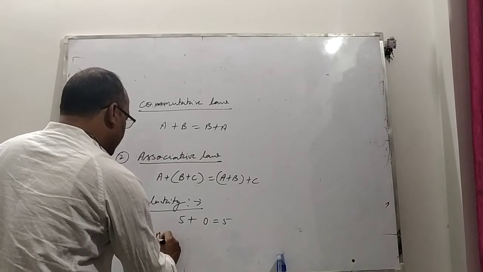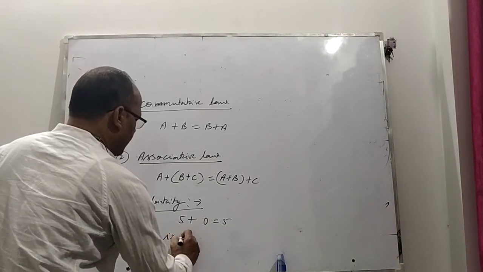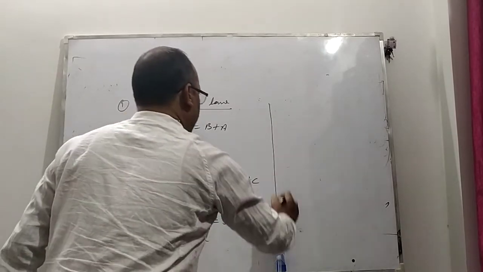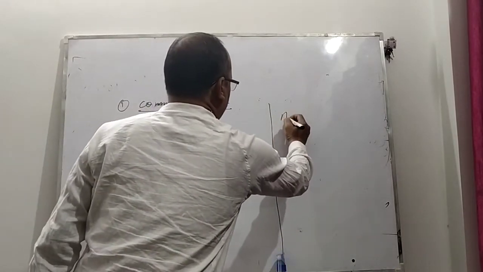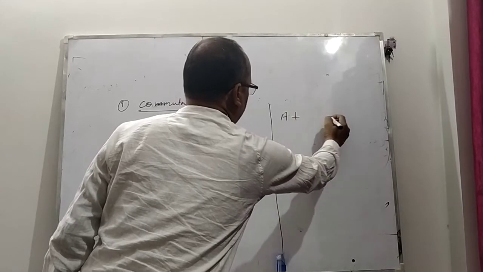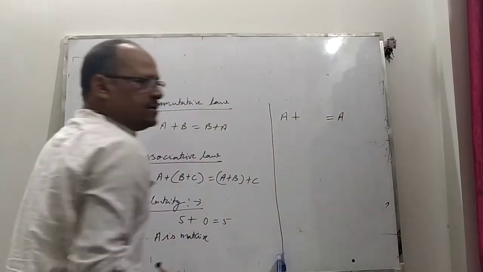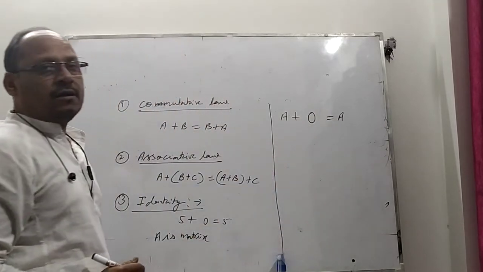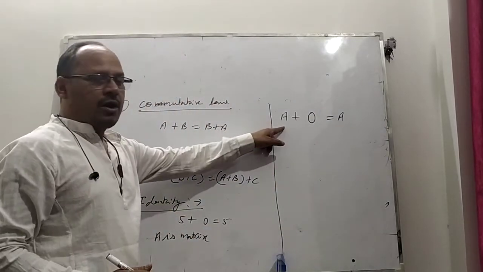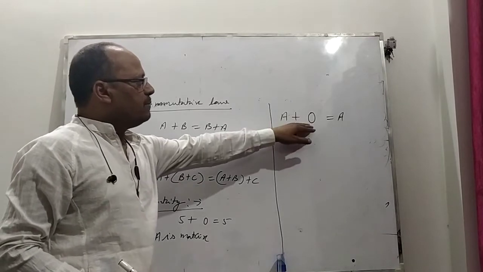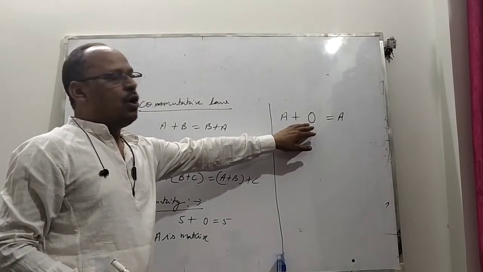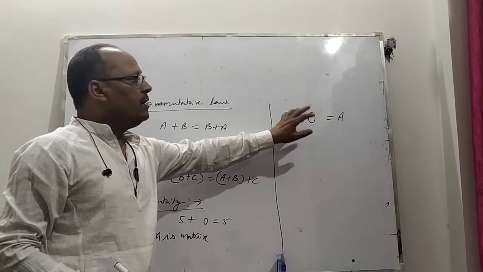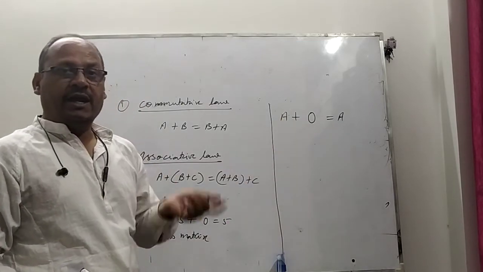Let A be a matrix. What you add to A to get the same matrix A back will be 0, or the null matrix. The order of this null matrix is the same as the order of A. This is known as the additive identity.